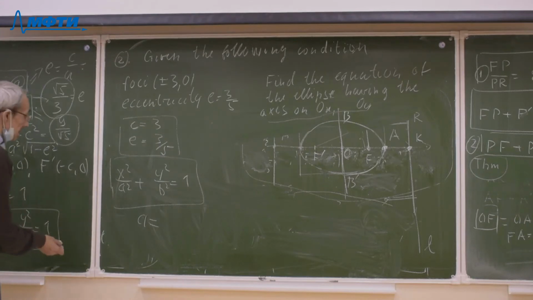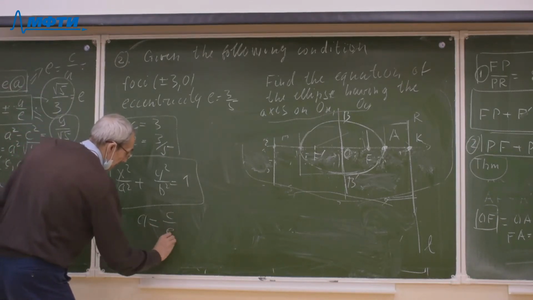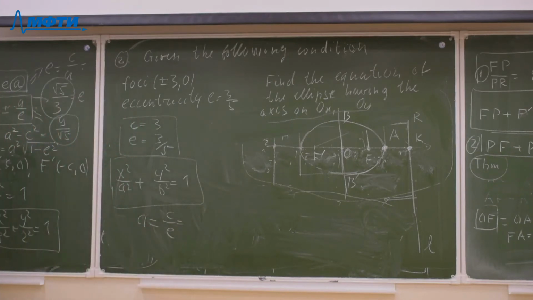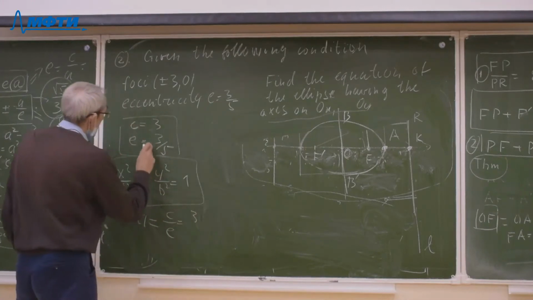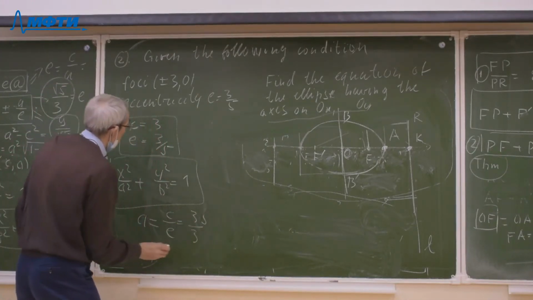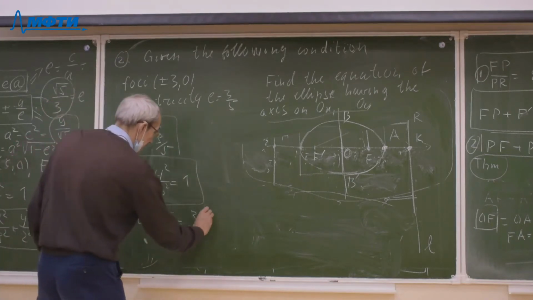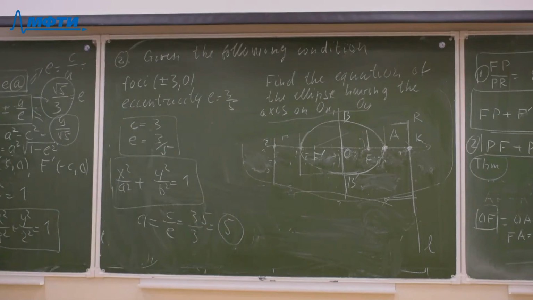And a is equal to the ratio c over e. c is equal to 3, e is equal to 3 over 5, and we obtain that a is equal to 5.